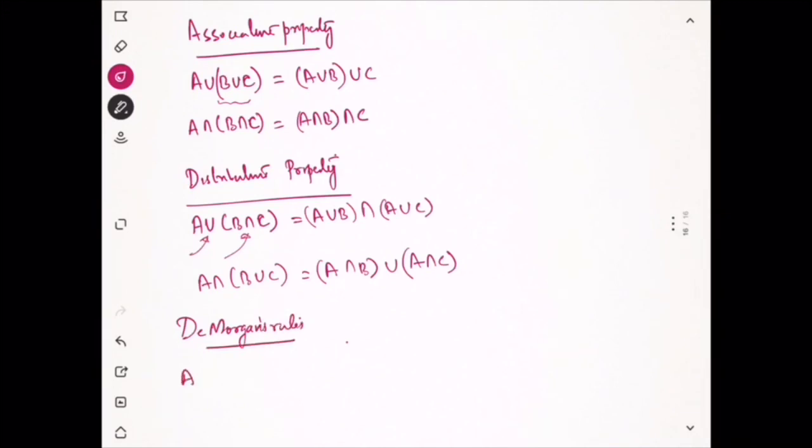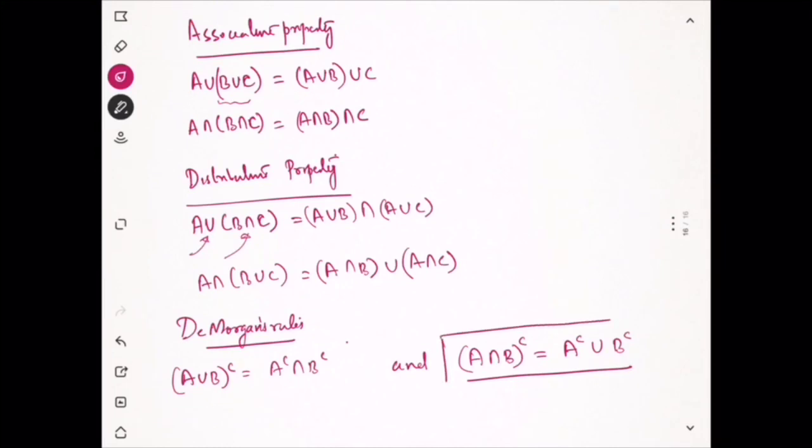That is, A union B whole complement is nothing but A complement intersection B complement. And also for the case of intersection, A intersection B whole complement is nothing but A complement union B complement. You can see both are duals.